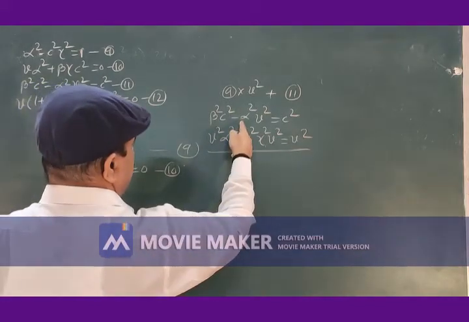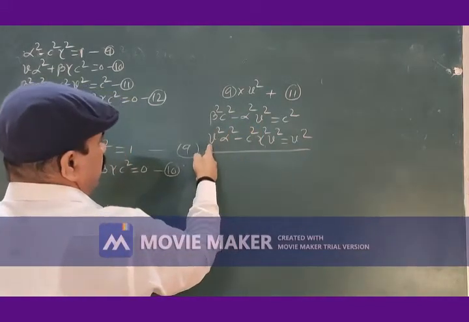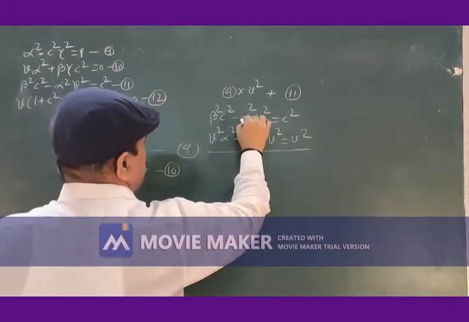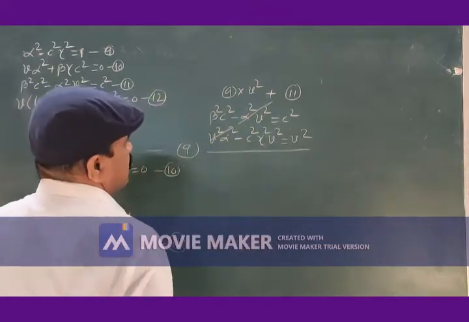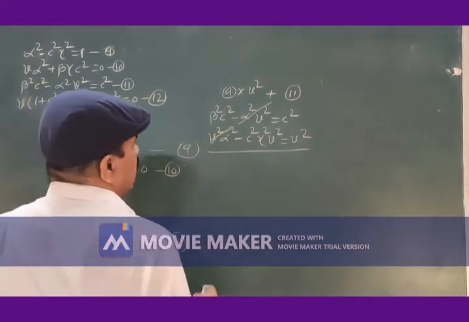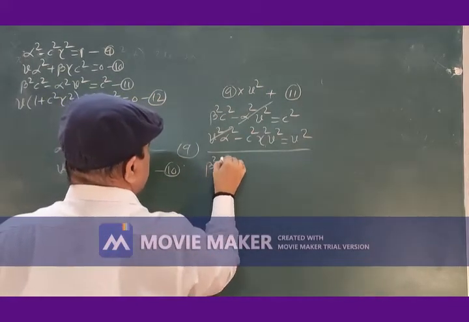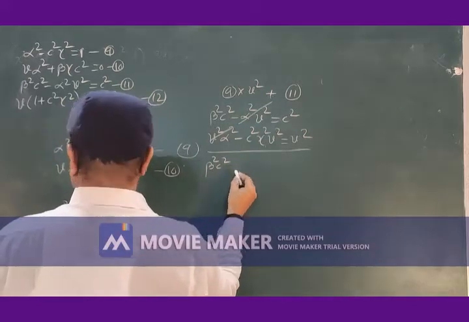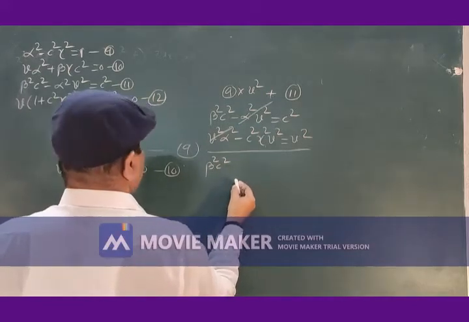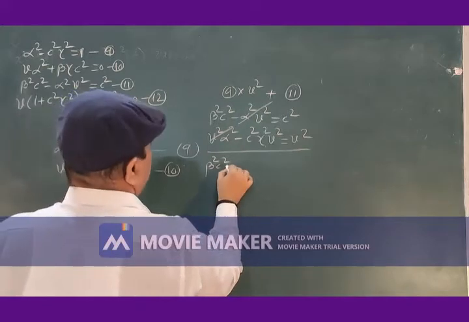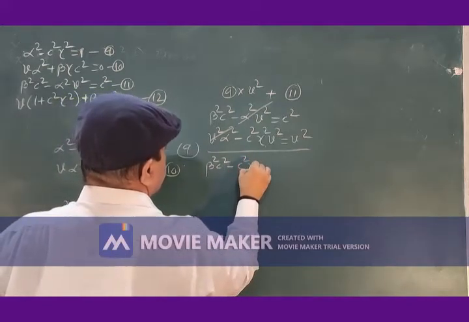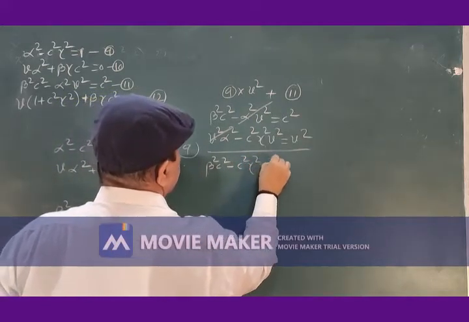Minus alpha square v square plus alpha square v square, these two identical terms will cancel and become 0, and what is left is beta square c square minus c square gamma square v square.